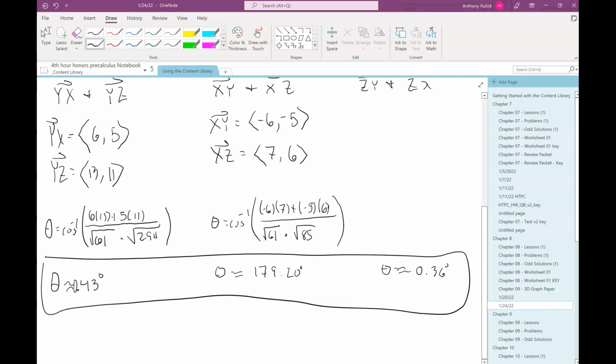Drake? Just a question. Where'd you get the square root of 290 from? Square root of 13 squared plus 11 squared? Oh, just doing the magnitude. Mackenzie, that feel okay? Some bonkers numbers, but when we actually look at the picture, it's like, okay, well, I guess that makes sense. It's basically a straight line that I had to draw there.